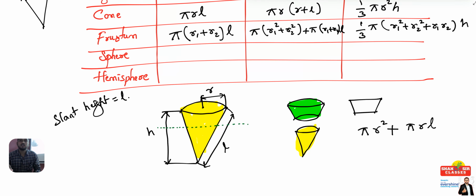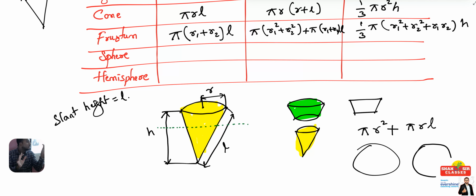Sphere. See children, this is the sphere, right? Circle. This is a sphere. Whether you take curved surface area, lateral surface area, or total surface area, all are one and the same for a sphere, because it has only one surface, right? Globe, circle, you have seen, no?